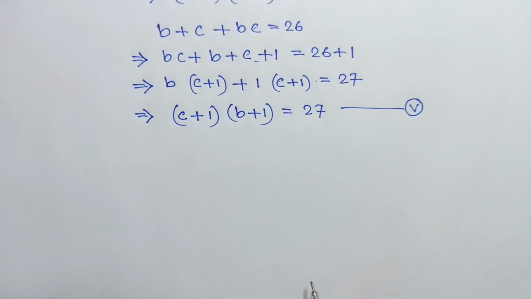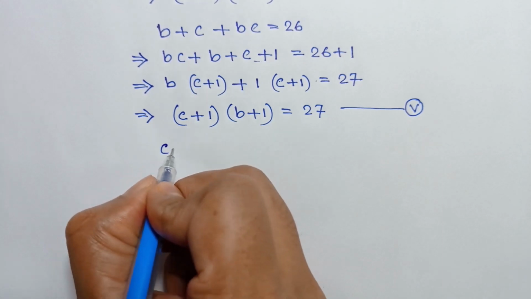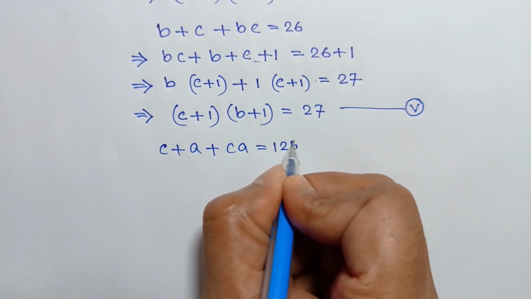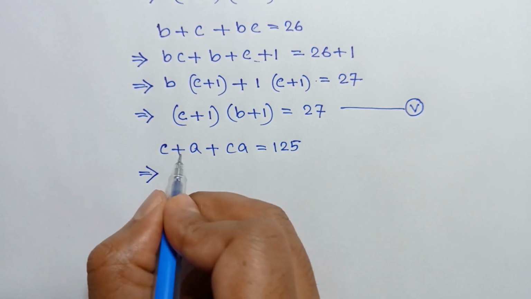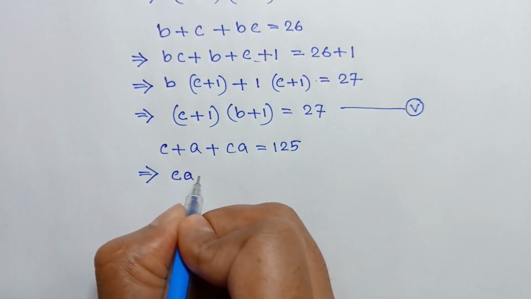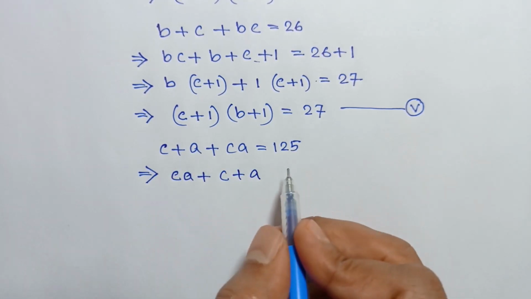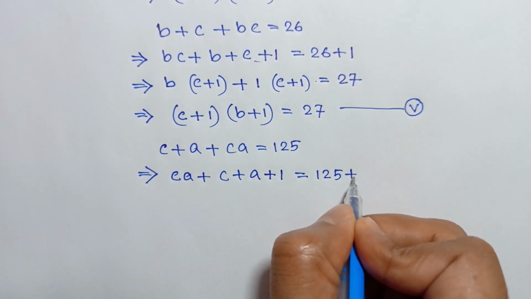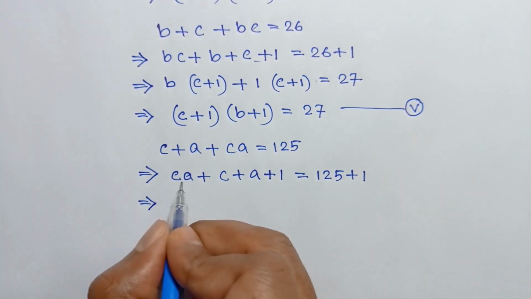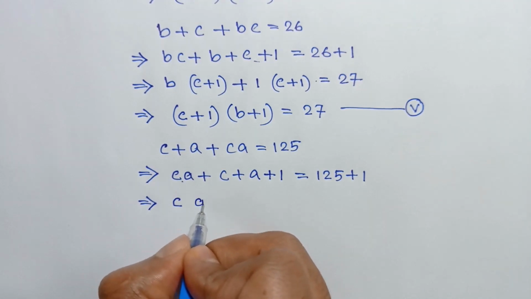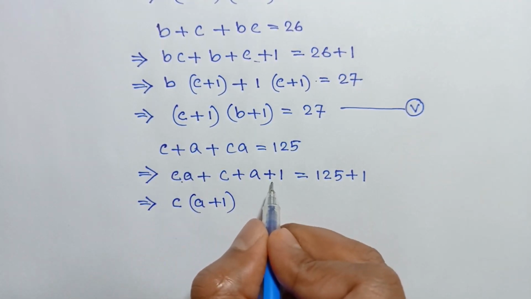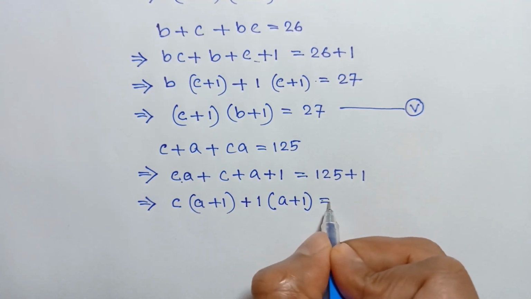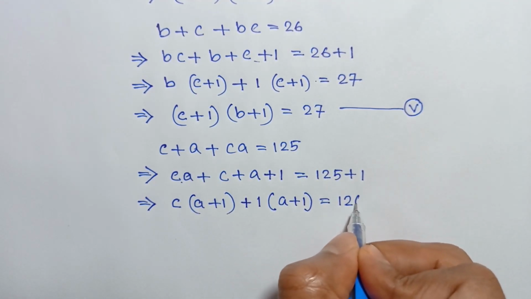Now from equation 3 we can write c + a + ca = 125, or rearranging again we can write ca + c + a, and adding an extra 1 to both sides, + 1 = 125 + 1. Taking c common from the first two terms, c times (a + 1), and taking 1 common from the last two terms, plus 1 times (a + 1) = 125 + 1 is 126.